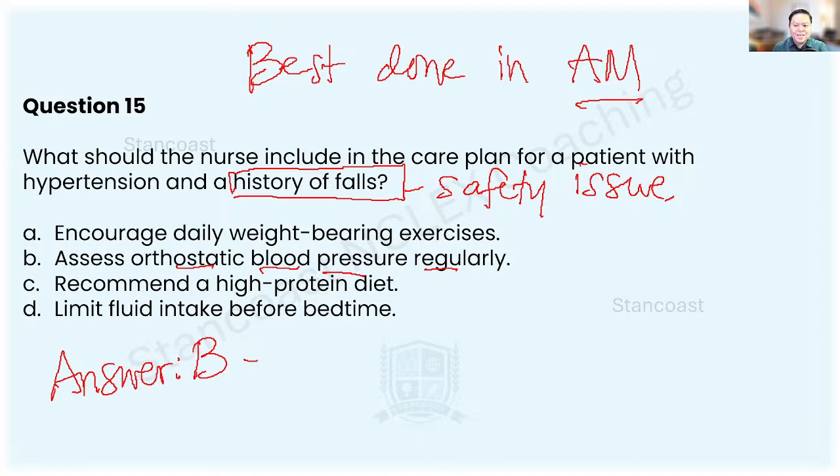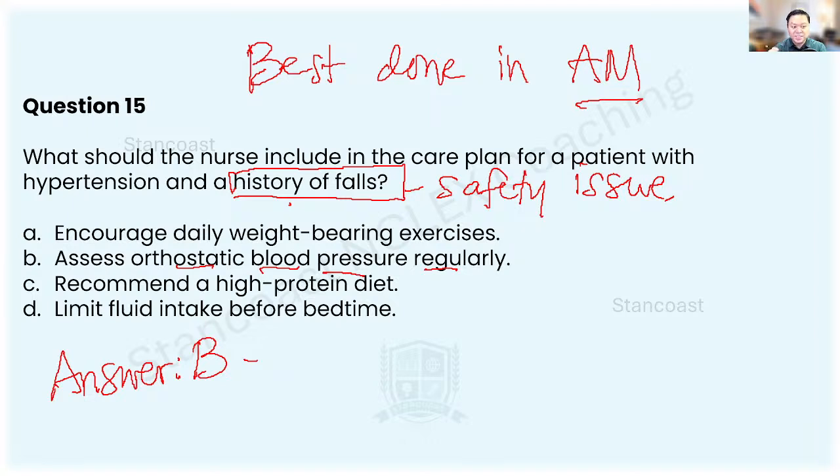Yeah, it can be important, but the fall prevention here is going to be geared towards the checking of the orthostatic blood pressure, which will identify if the patient will have a tendency to have a low blood pressure when they get up.